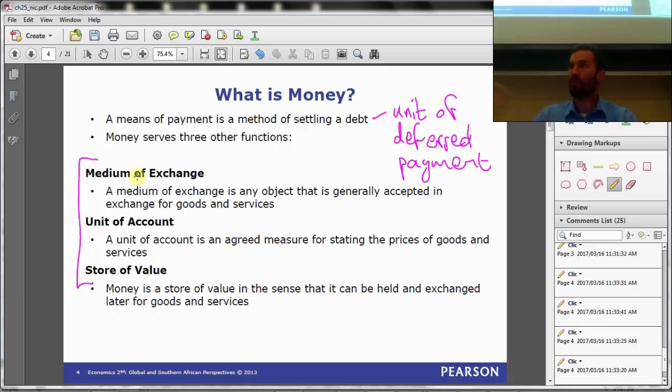So that's good for you if you are a borrower. And then vice versa, if inflation is lower than you expected, then if you borrow, that's bad for you. Right? Okay.